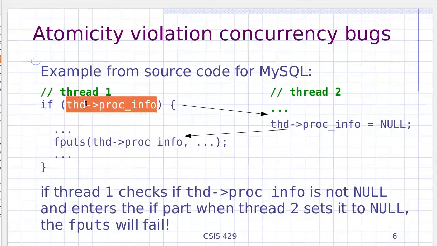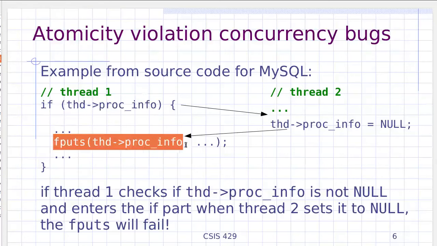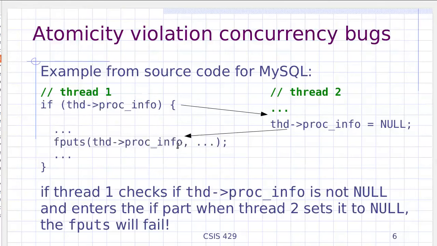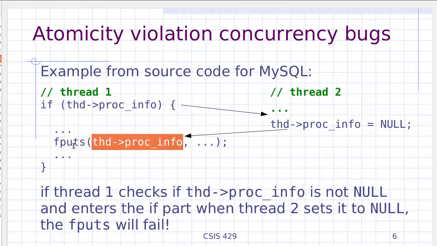rely on the fact that thread->proc_info is not null, and sure enough, here it is. You try to write something into a file or someplace like that, and this assumes that thread->proc_info is not null, and the assumption is that if it were somehow to become null between this point and this point, then this would fail and maybe the whole program would crash.